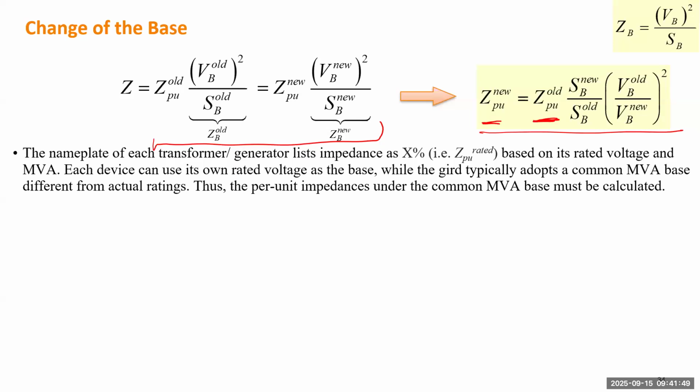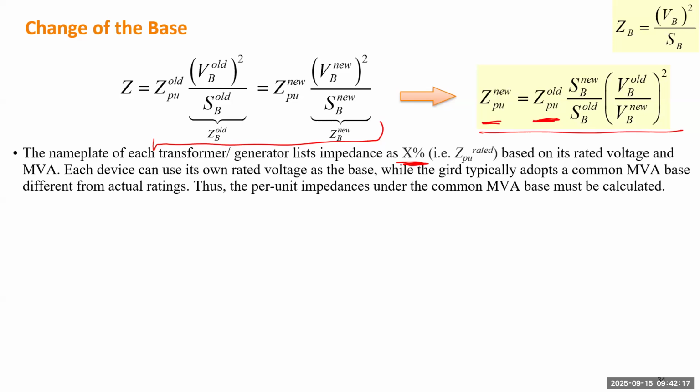If you have a chance to look at any transformer or generator nameplate, the nameplate usually shows the rated power and the rated voltage, which are very important. Sometimes they also give you an impedance, which is some number in percentage, like 20% or 10%. What does that mean?